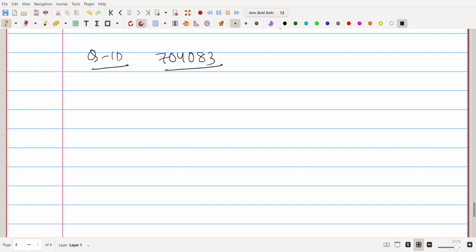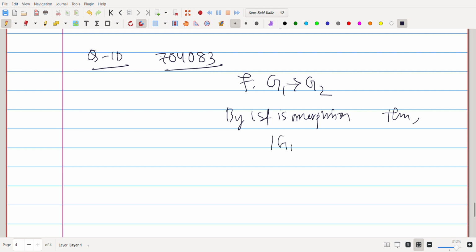So the first statement, question ID 704083: let G1 and G2 be finite groups such that the order of G1 and order of G2 are coprime, then any homomorphism from G1 to G2 is trivial. So if f from G1 to G2 is a homomorphism, then by the first isomorphism theorem, G1 mod kernel f is isomorphic to f of G1.